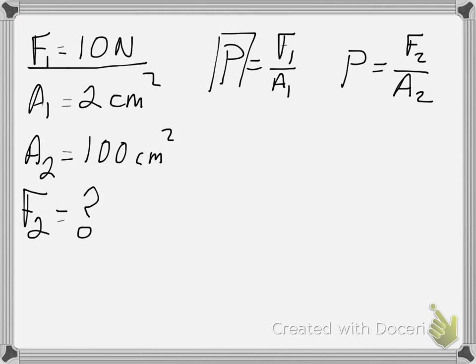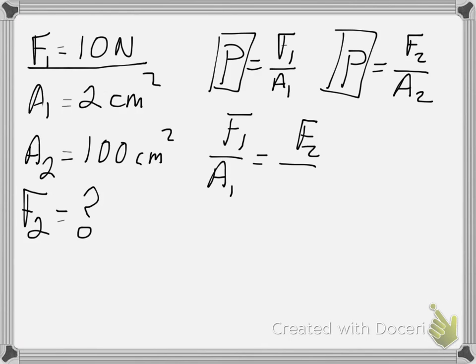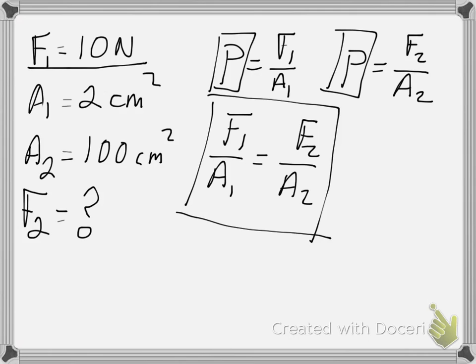If this P and this P are equal, then I can just set these equal to each other. So I have F1 over A1 equals F2 over A2, a ratio equality in fact.